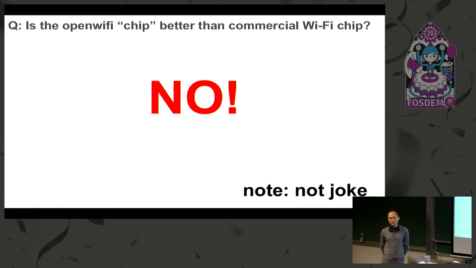The theoretical peak data rate of the physical layer. So it's a technology that maybe many years ago the industry had achieved, right? We rebuilt the Wi-Fi chip again by ourselves.